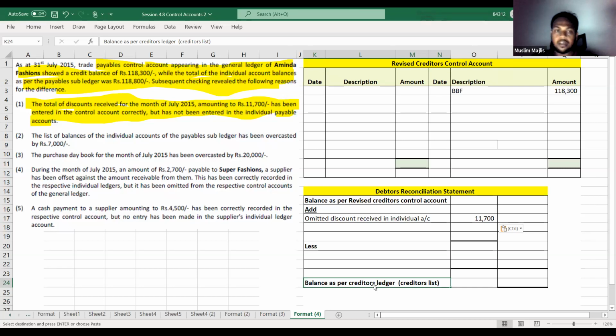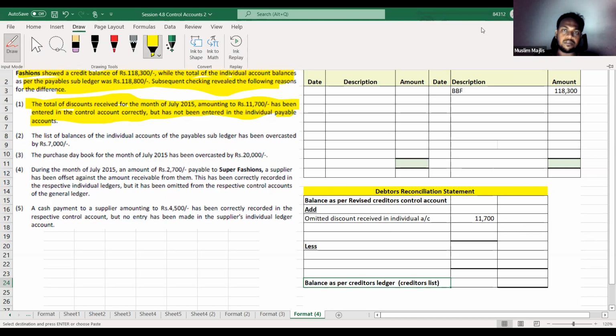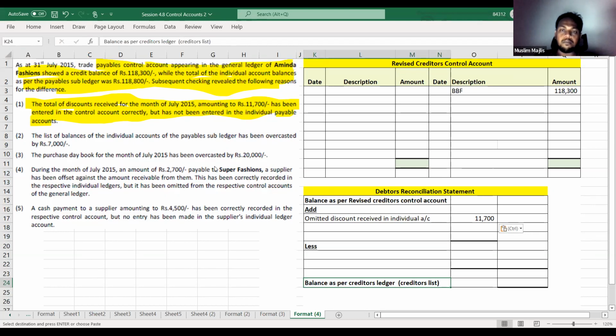Okay. Second one, this is where most students get confused: plus, minus and the debits and credits. Again, the list of balances of individual accounts of the payable subledger has been overcasted. Overcasted means overvalued, added more.